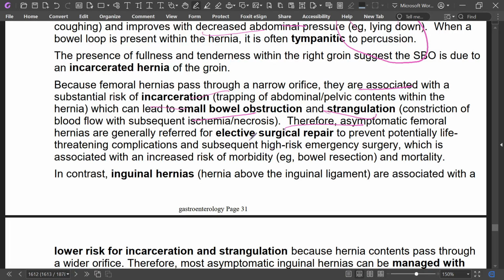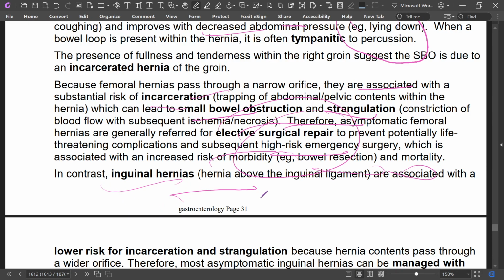Therefore, asymptomatic femoral hernias are generally referred for elective surgical repair to prevent potentially life-threatening complications and subsequent high-risk emergency surgery, which is associated with increased risk of bowel resection and mortality.